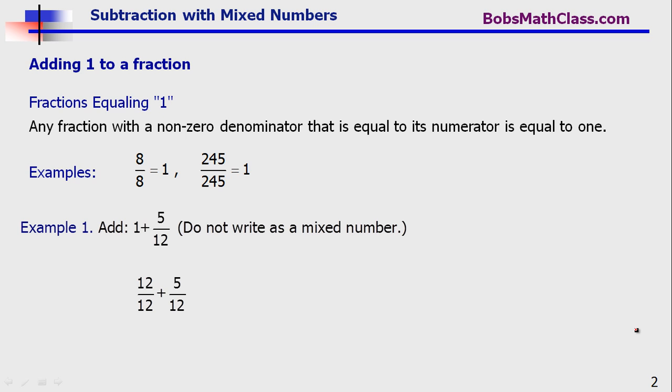So 1 is 12 over 12, and then we could add that to 5/12, and that gives us 17/12. Okay, so we added 1 plus 5/12. We're going to get to mixed numbers in just a little bit, but this is just getting us ready to subtracting mixed numbers.